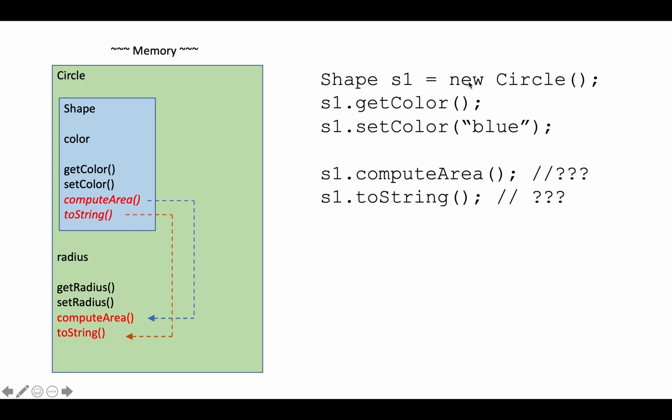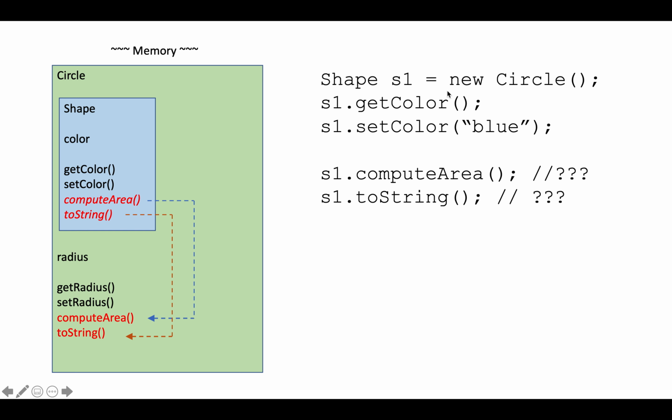But now this time what I'm doing is I'm referring to all of this stuff in memory here as a Shape. Okay? So when I create a circle in memory, but I refer to it as a shape, what that means is that this s1 reference only refers to the stuff that pertains to a shape. All right, so I'll say that again.